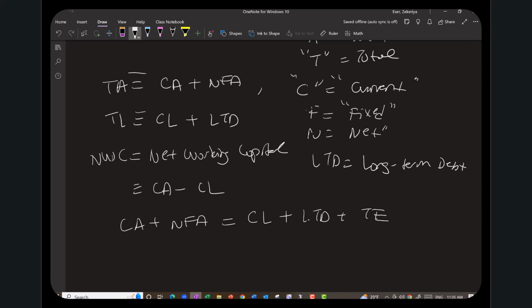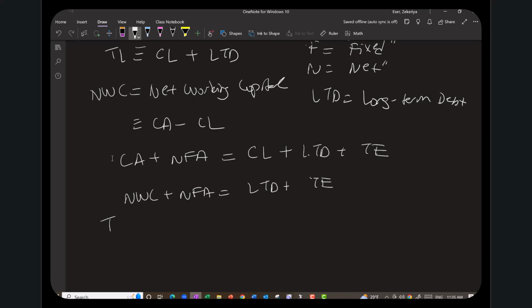A clever rearrangement of this shows net working capital plus net fixed assets. I simply took the current liabilities to the left of the equation. So any one of these would help you out in solving a problem.